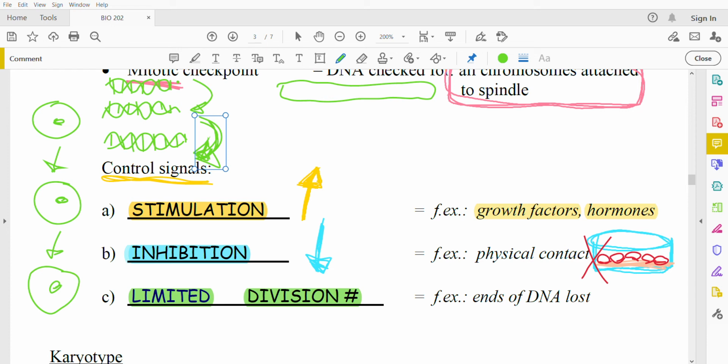And here I've drawn a line that shows a DNA strand stretched out. And close to the end of that DNA strand, there's going to be a section that codes a message that says do not copy this DNA strand anymore.